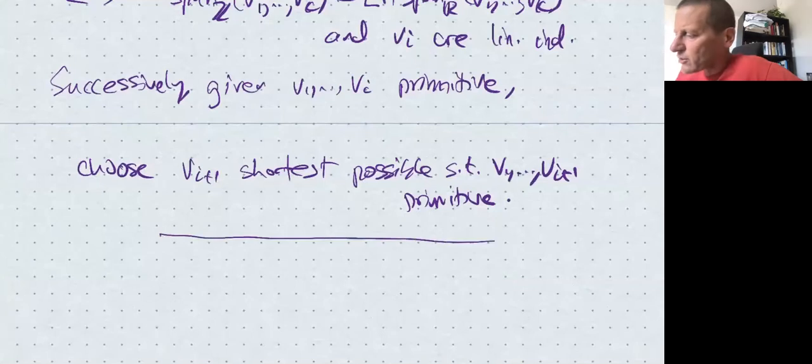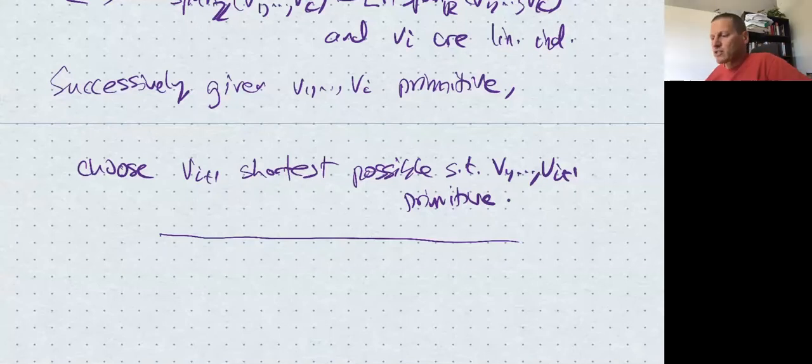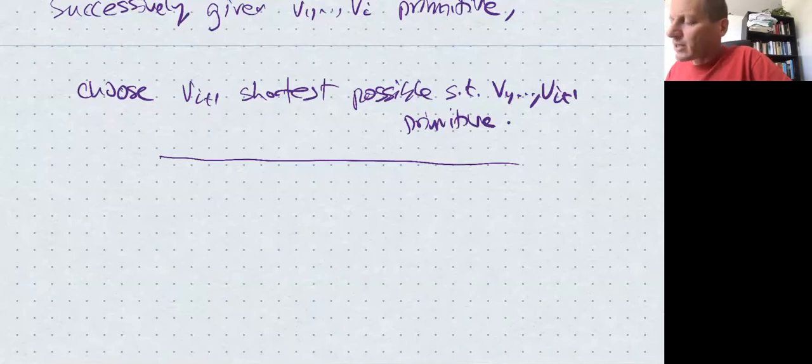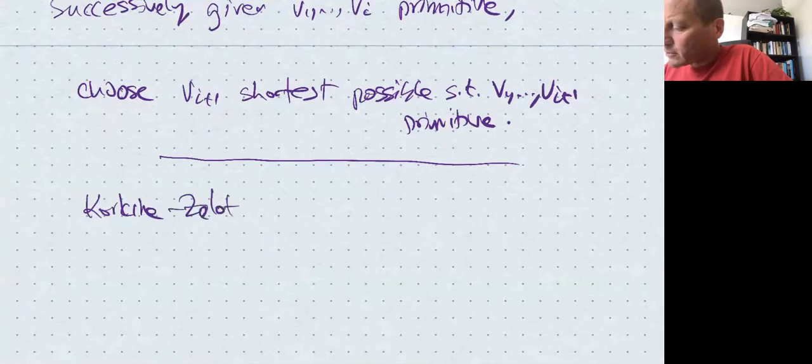It's sort of hard to formalize what we mean when we say we want the most economical basis of our lattice possible. And even if we do formalize it, it's hard to come up with a procedure that does what we want. So there's a famous algorithm for choosing a basis. This is called the Korkin-Zolotarev reduction.